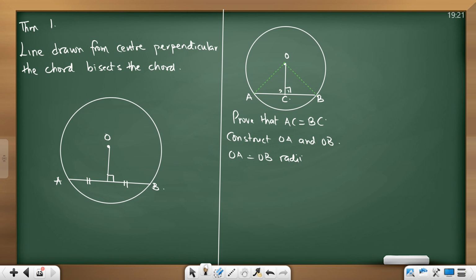Is that fine? Let's call this angle 1 and 2. Angle C1 is equal to C2, 90 degrees, and that was given. OC is common. We did not say angles in a straight line, because it was given, so it's fine.